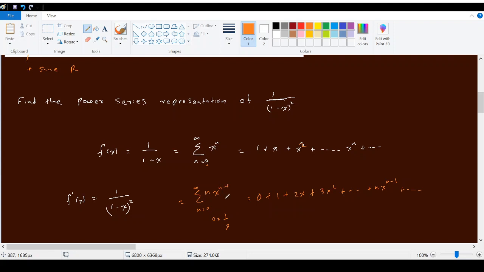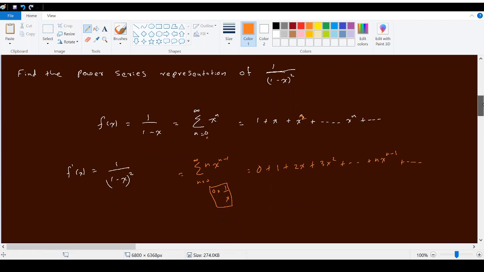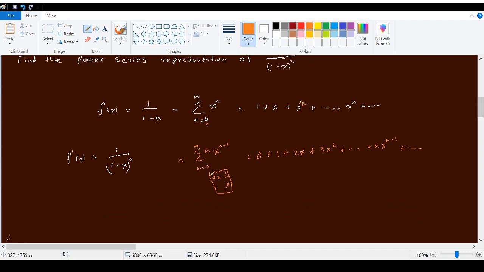Because here you will get x to the power minus 1, right? So all together it will become 0, right? Now actually it's not a mistake, but you will be writing down an unwanted term here, right? Because the first index will represent 0, and that will not make any harm, but still it is not necessary to start from 0.